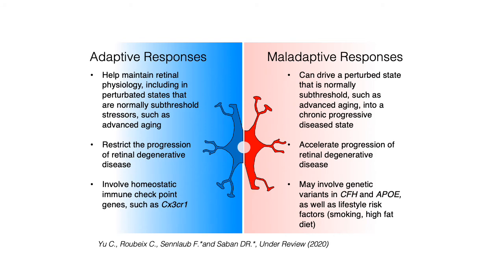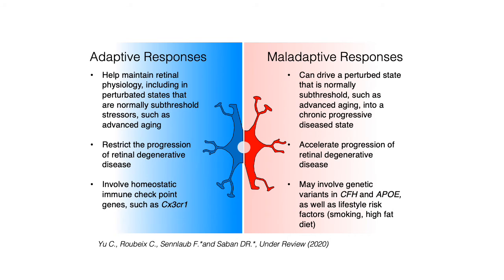And we know from CX3CR1 sufficient versus deficient studies that clearly CX3CR1 is one of the players in this adaptive response, but it's not restricted perhaps to just CX3CR1 alone.